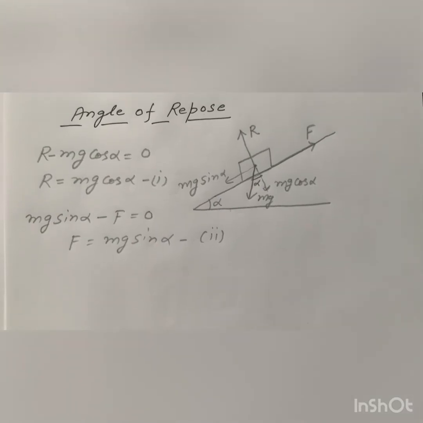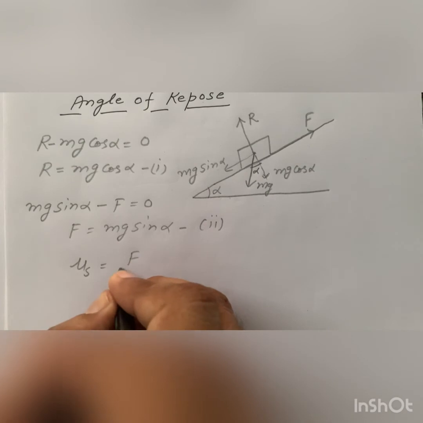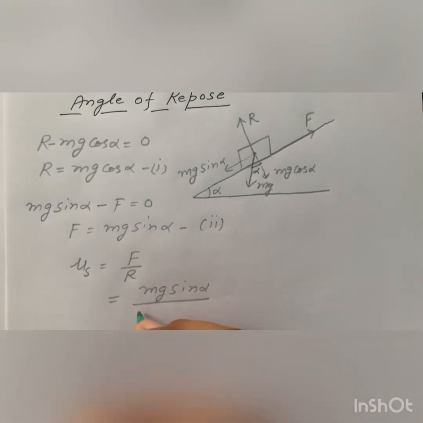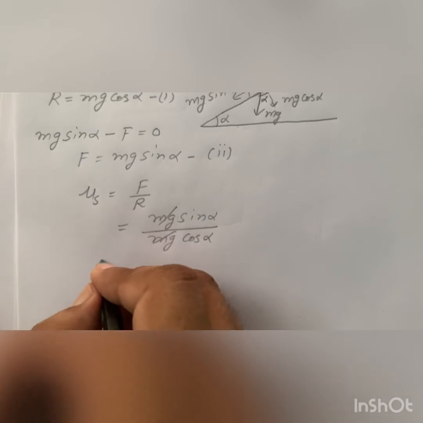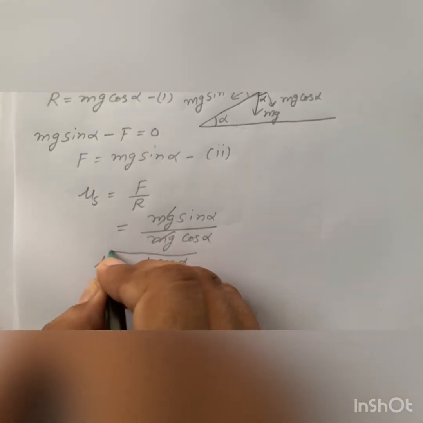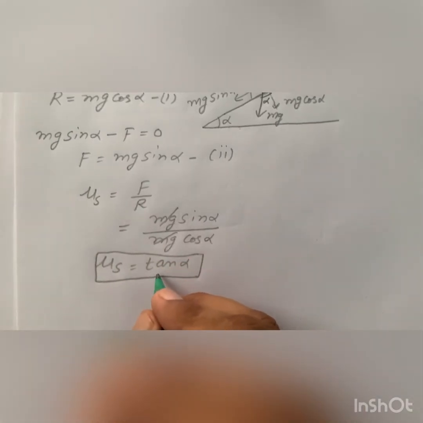Now we know that coefficient of static friction is F over R. Putting the value of F and R, we get mg sin alpha over mg cos alpha. mg cancels, so we have mu s equal to tan alpha. So here the coefficient of static friction is the tangent of the angle of repose.